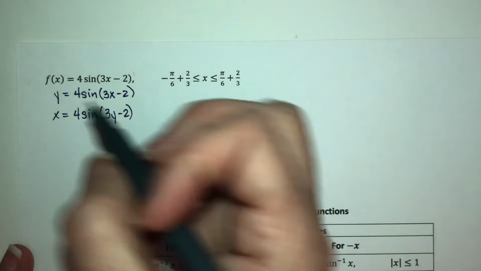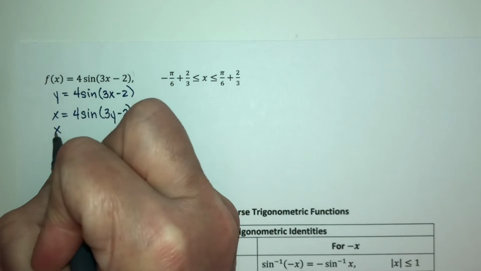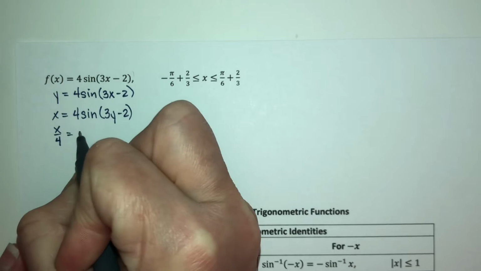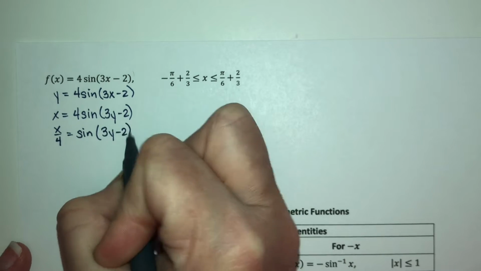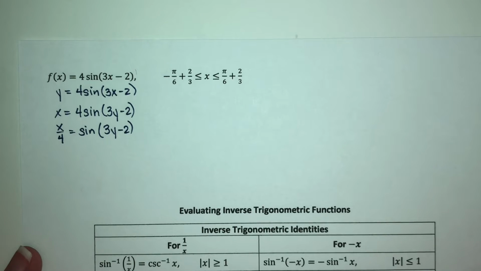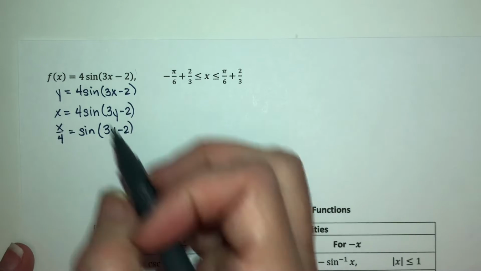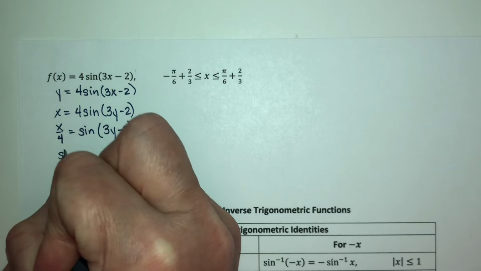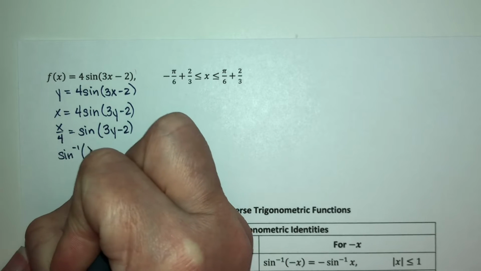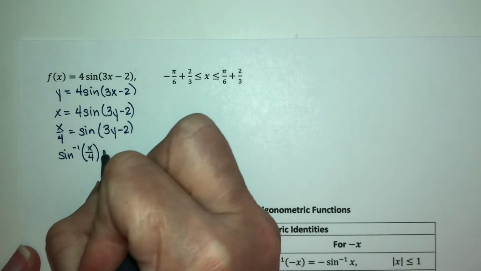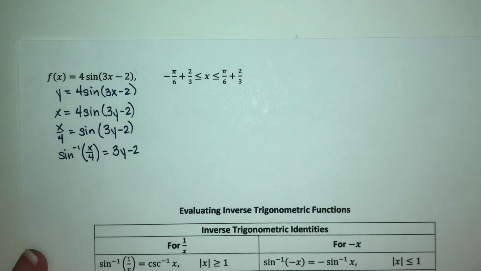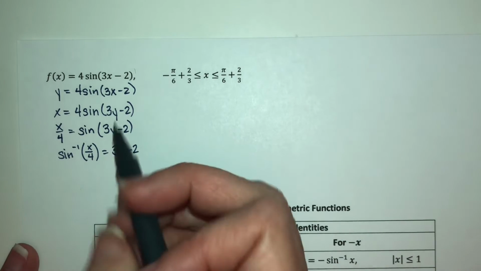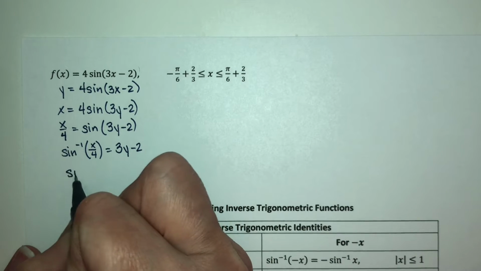Let's get sine by itself, so divide both sides by 4. I have x over 4 is sine of 3y minus 2. Now we can use inverse sine, and we have the argument of sine by itself now. Now I need to add 2 to both sides.